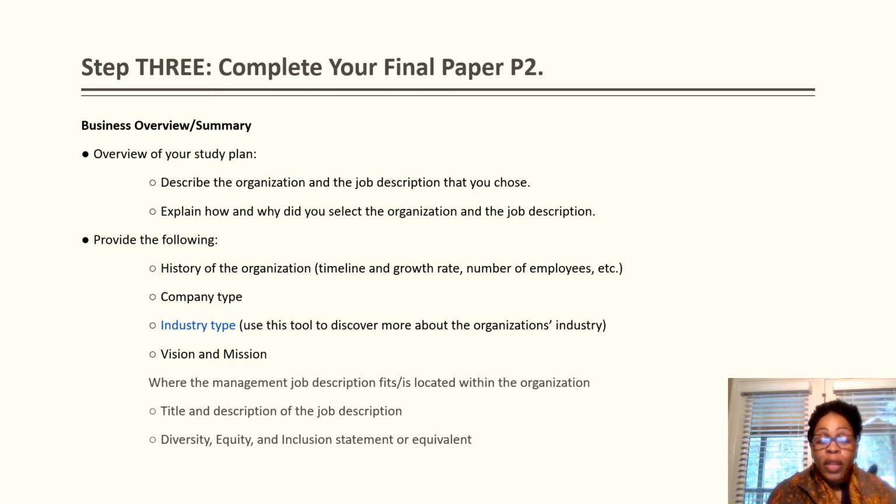Also, you'll then provide the vision and mission of the organization. Now, in some instances, I have found that the company may have a vision and mission statement that is public facing, meaning the public is able to access it relatively easily.